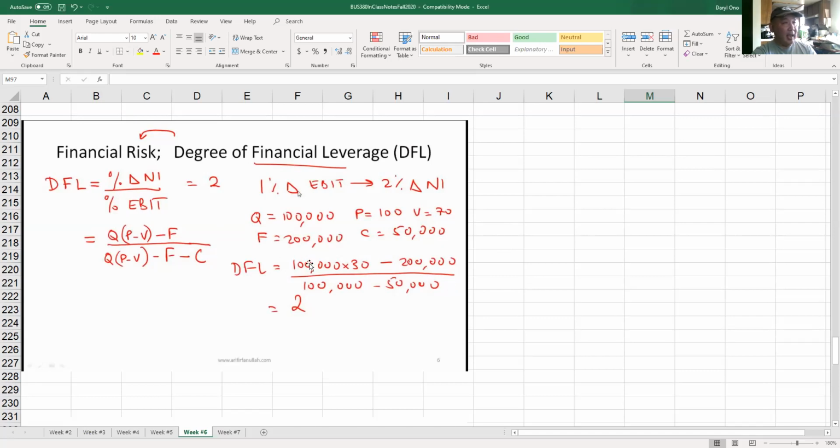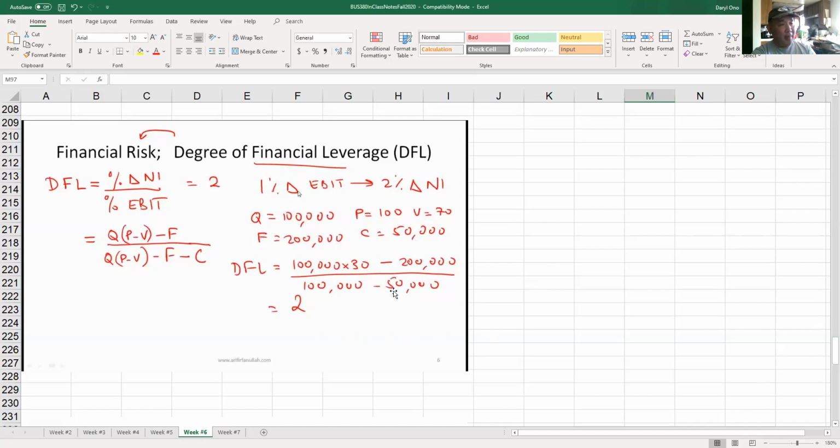When you work all of this out, this is going to be equal to 300,000 minus 200,000, 100,000. And this then will be equal to 100,000 over 100,000 minus 50,000. You have a degree of financial leverage equal to 2.